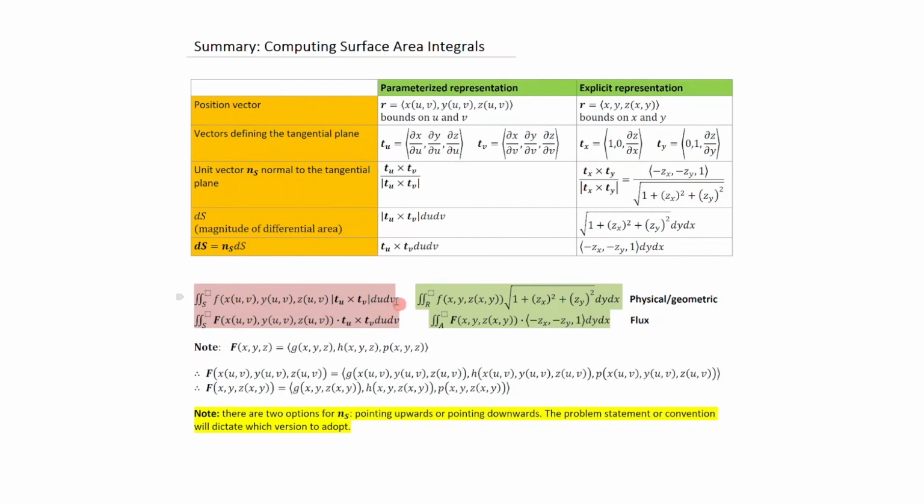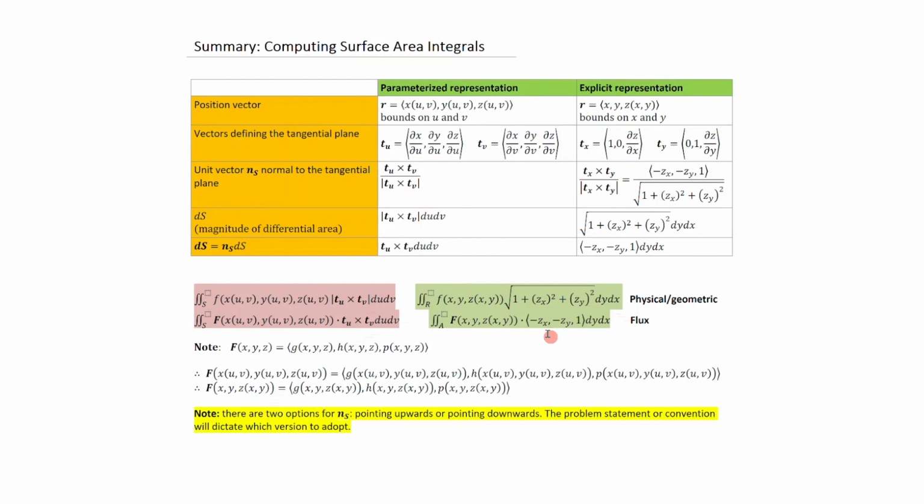And so here it's written out in a parametric form, and here it's written out in an explicit form. And if we're dealing with flux, which is a dot product between some vector and a differential surface area, then this is the way I would write it if I'm dealing with a parameterized representation of the surface. And this is the way I would write it if I'm dealing with the explicit representation of the surface.